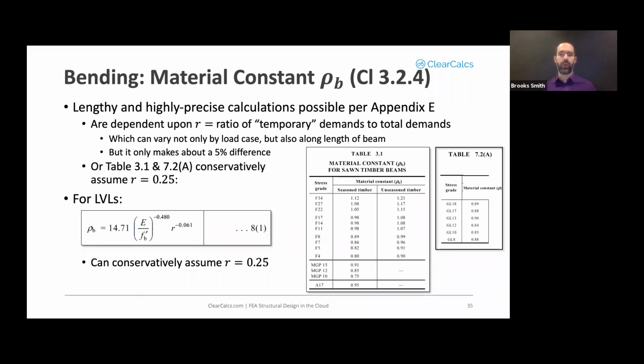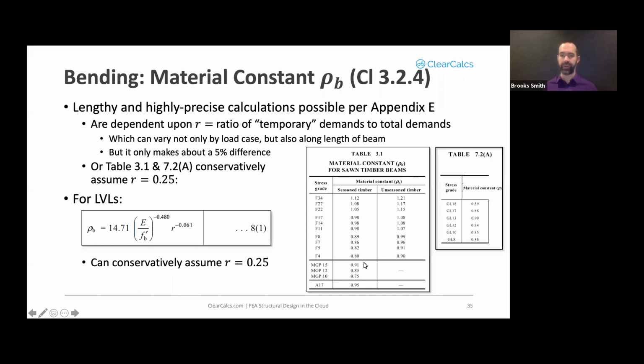So usually no one actually bothers to calculate the rho sub b value that precisely. It's usually not worth it to do so. So usually you can just look up in table 3.1 for F, MGP, or A grades, or table 7.2a for glulam grades, what your material constant is. These tables assume an R equals 0.25, assume that ratio is 25%, and that is conservative.